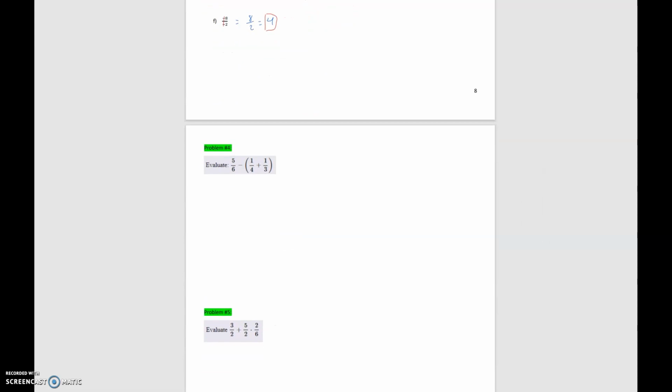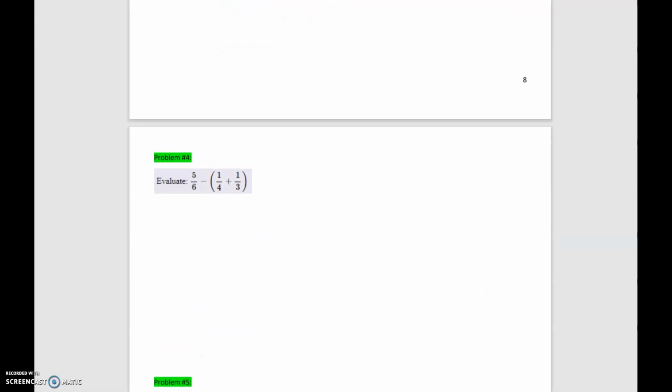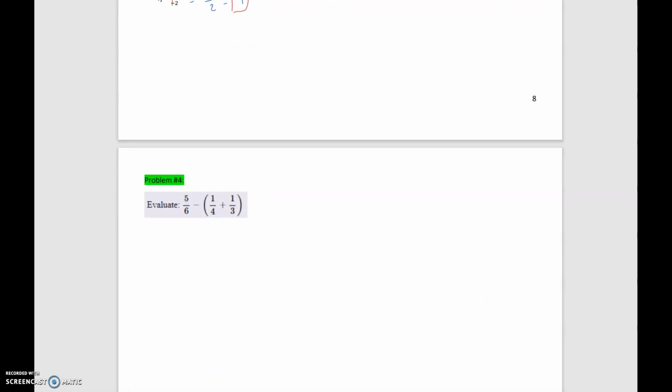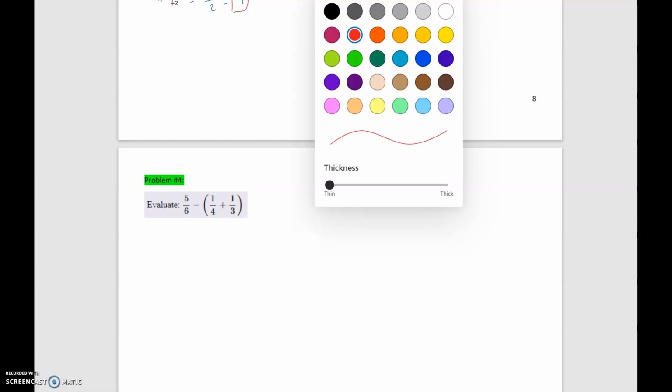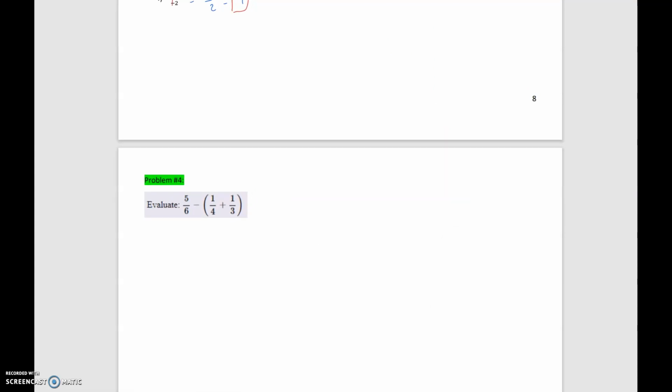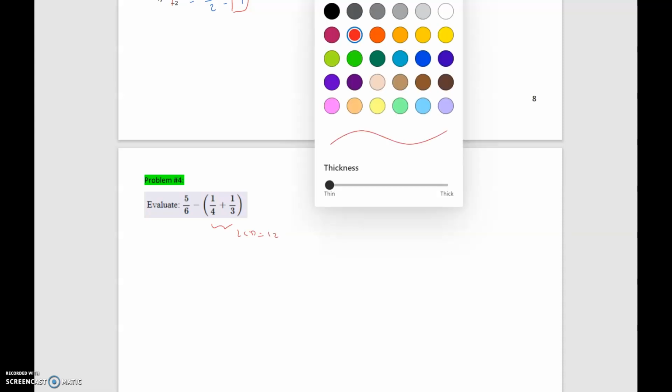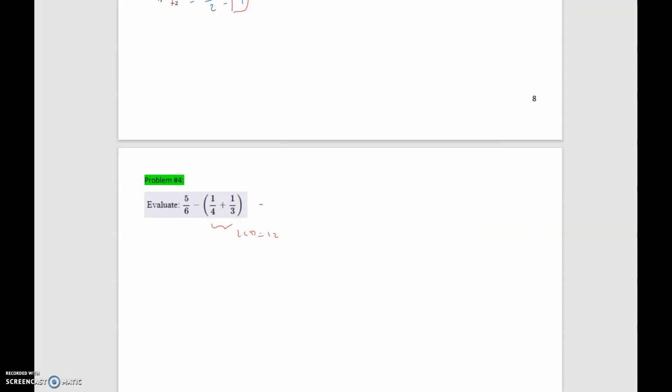Let's move on to example 4, and they want us to evaluate by order of operations. Let me start working with these two. Now your LCD is equal to 12. So what I'm going to do is rewrite it and then input the LCD. So this will be 5 sixths minus the quantity 1/4 plus 1/3.